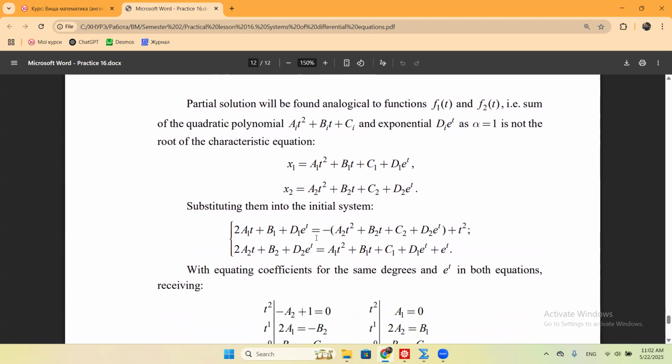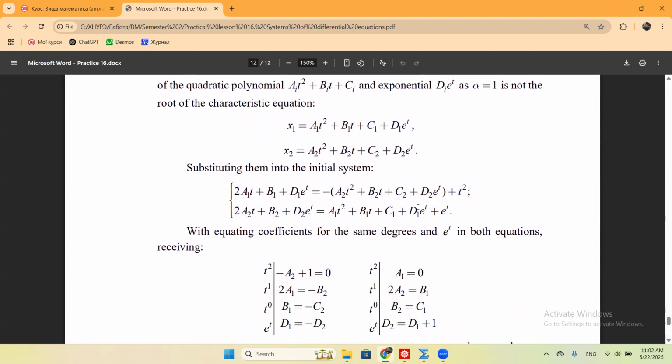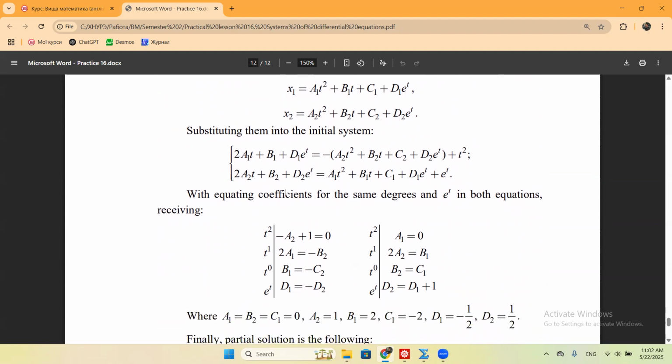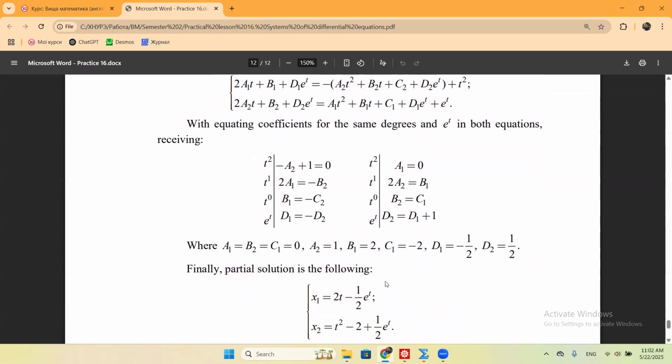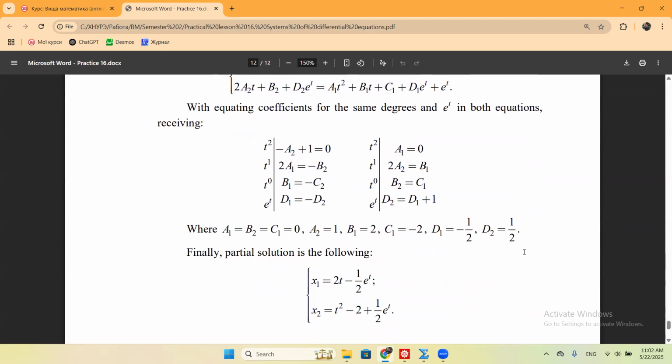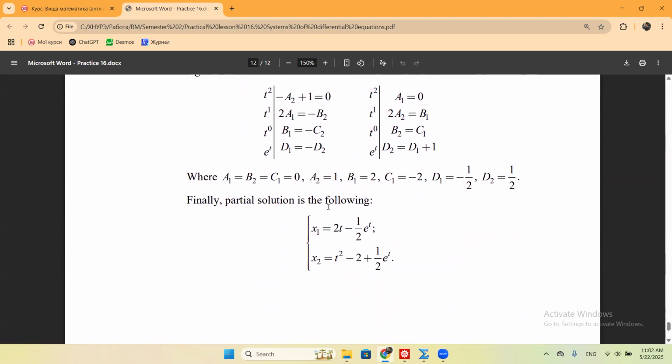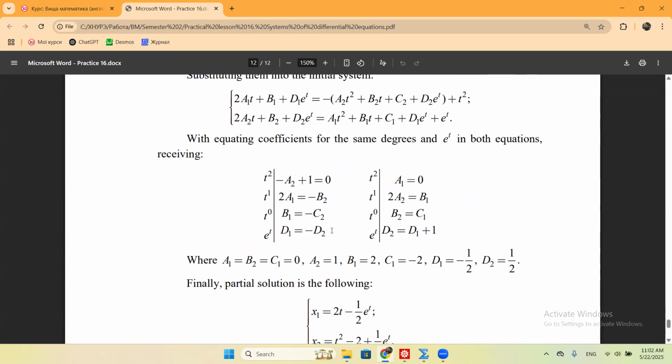So using the method of undefined coefficients, we received a system of 8 linear equations with 8 unknowns, but this system is quite easy to solve. So we found these undefined coefficients, and then just substituted them into the expression of a partial solution.